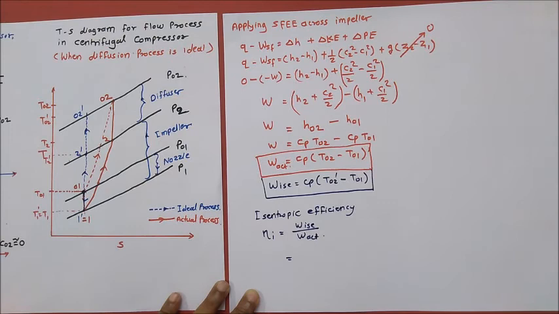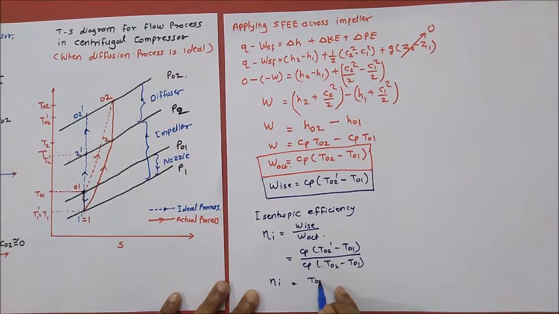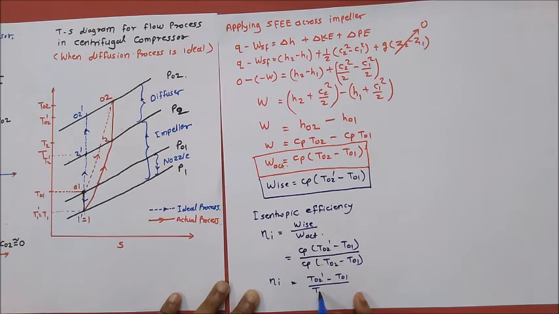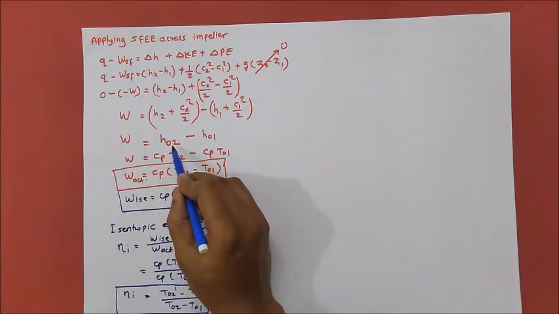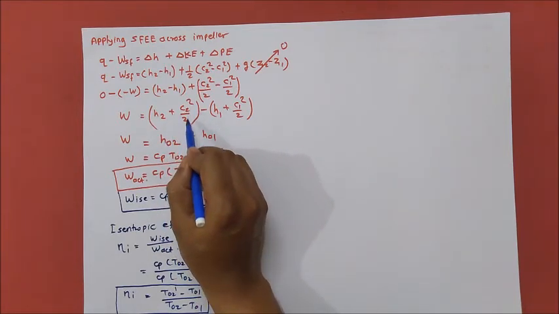Now it is clear that isentropic work is Cp (T02 dash minus T01) divided by actual work Cp (T02 minus T01), and therefore the isentropic efficiency is equal to (T02 dash minus T01) upon (T02 minus T01). Important formula.